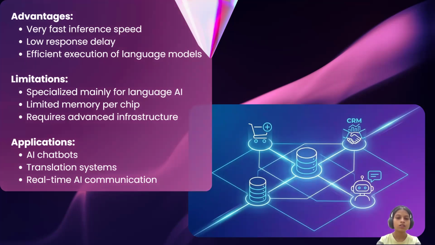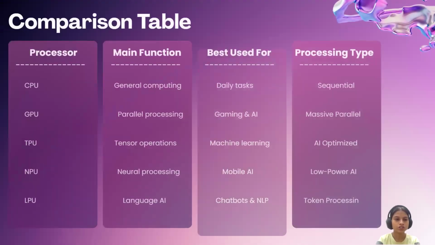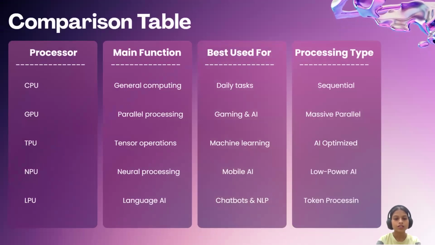Now let's compare them with each other. This comparison table shows the difference between all the processors that we discussed earlier. The CPU is used for general computing and works with sequential processing. But the GPU is best for gaming and AI because it supports massive parallel processing.